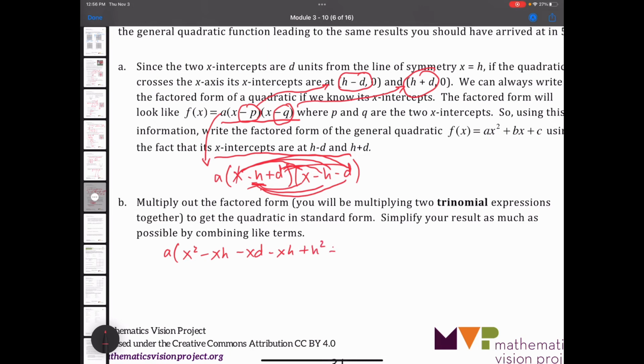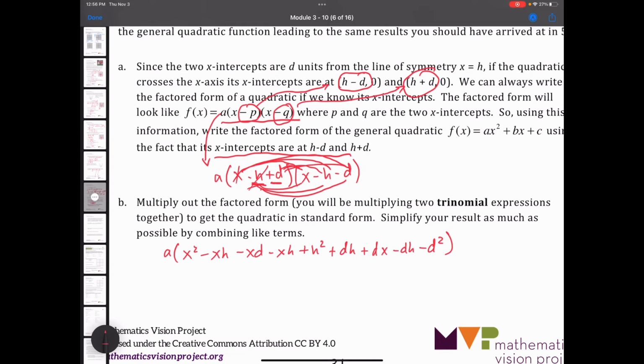Negative h times negative d is positive dh. Okay, just like that. Then I'm done with that second term, so now I'm on to the third term. So I've got plus d times x, minus d times h, and minus d squared.